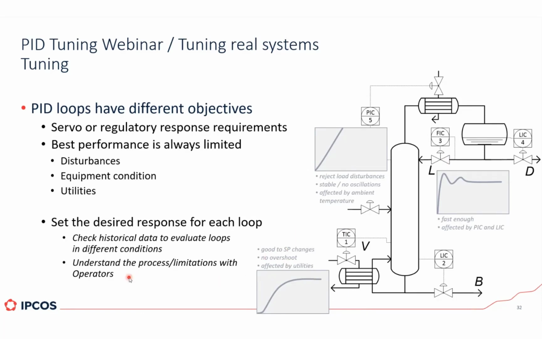So what we need to do is check historical data to evaluate these loops in different conditions. And we also need to understand the process limitations with operators normally, because they know, or they should know, what's happening with the process, and then we can check with them what we need to consider for tuning the loop.